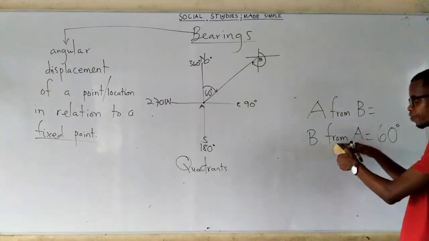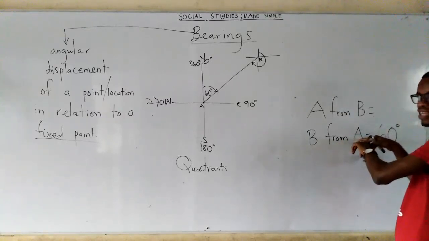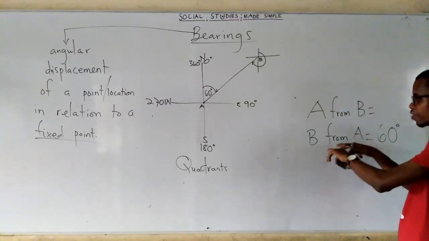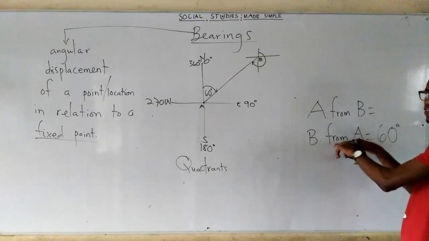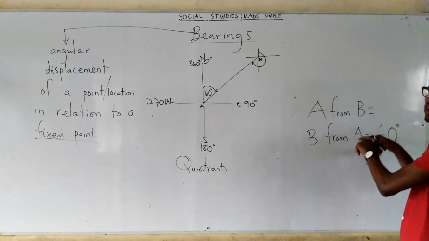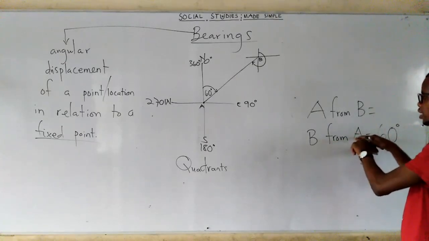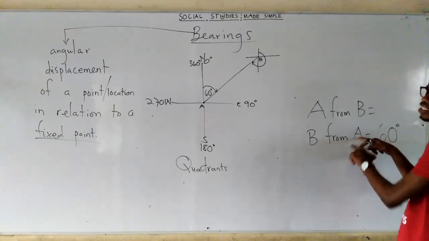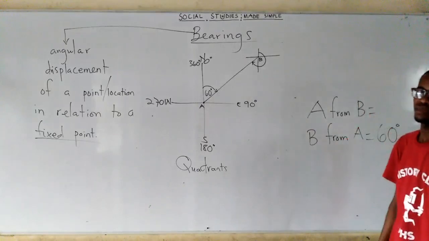The moment you see the from, the alphabet that comes after the from should be your fixed point. Always look for the alphabet after the from, then you get your fixed point. So if the alphabet after the from here is A, then it means that A is our fixed point or the origin.